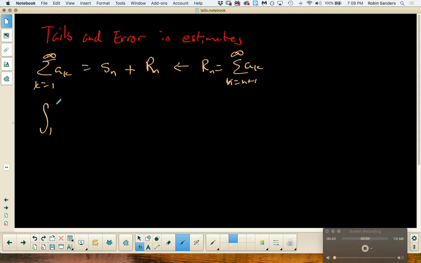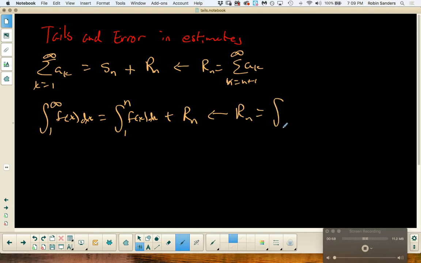We can do the same kind of thing for improper integrals. If we start with an improper integral from 1 to infinity of f of x dx, we can write that as a proper definite integral plus the tail, and the tail here is just the improper integral from n out to infinity of f of x dx.